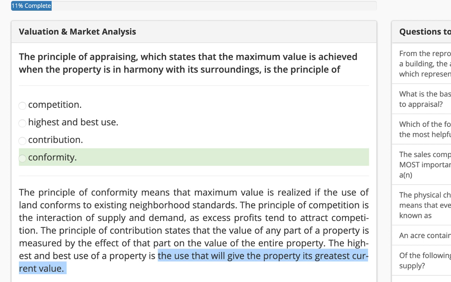Do we really need a gas station here? A gas station is not in harmony with its surroundings, so that would probably not be your answer if you're using the principle of conformity. But if you're using the principle of highest and best use, and you've got a busy road there, then that may be your best answer.